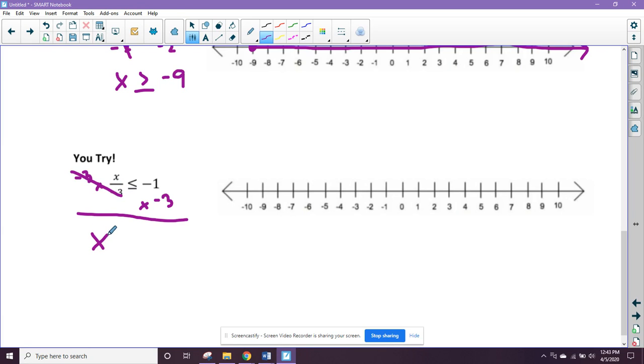We're multiplying by a negative, so that means our sign flips, becomes a greater than or equal to. -1 times -3 is a +3. Remember, negative times a negative is a positive. So we go over to 3, and it is a closed circle. And we are pointing to the right. So we graph it to the right.